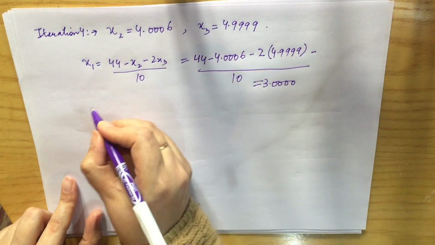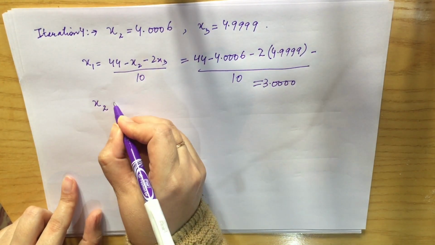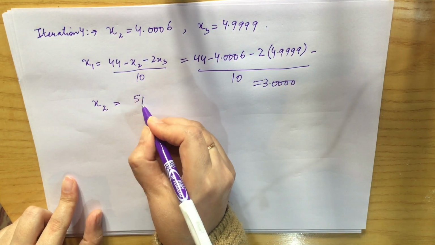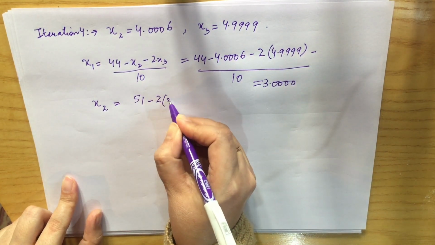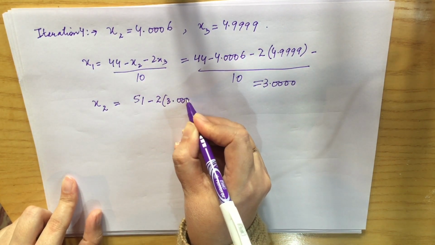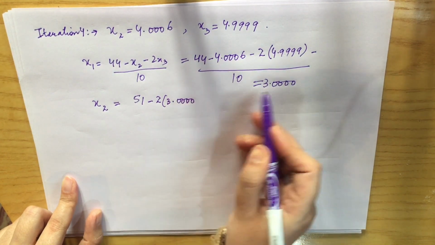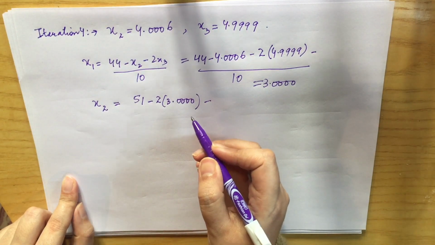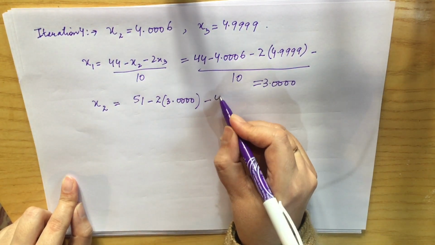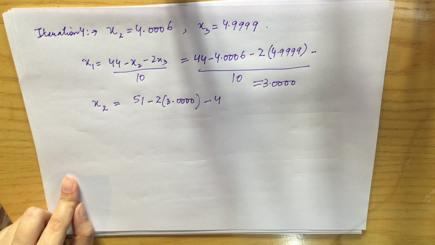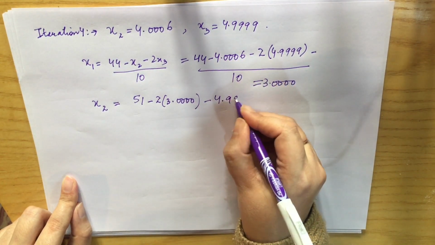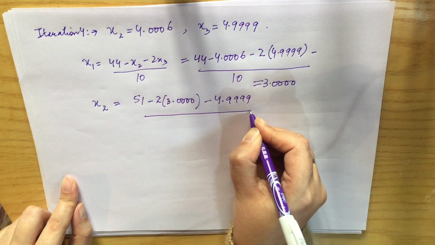3.0000. Now if you similarly calculate the value of x2, it will come as (51 minus 2 multiplied by 3.0000, because the new value of x1 is 3.0000, that's why we are taking it here, minus the new value of x3, 4.9999) whole divided by 10.